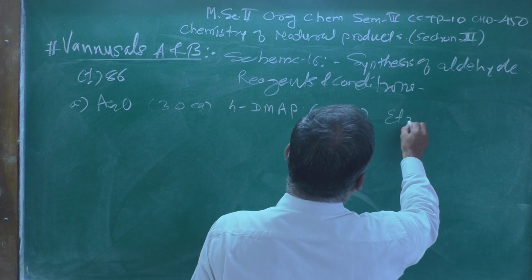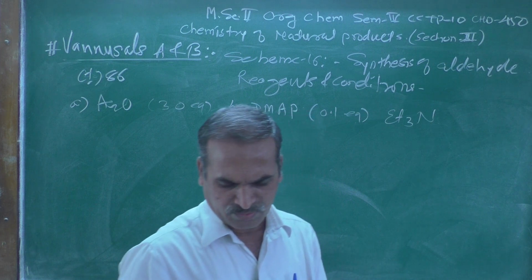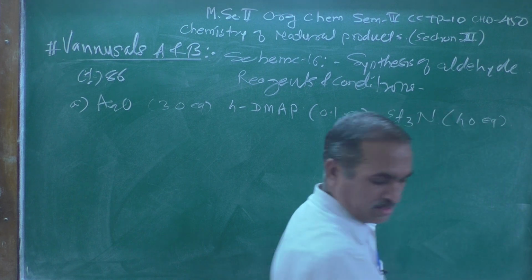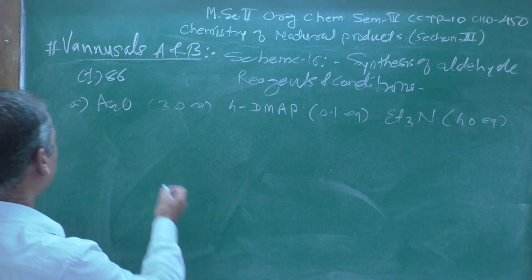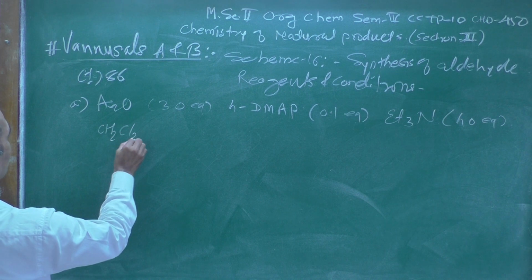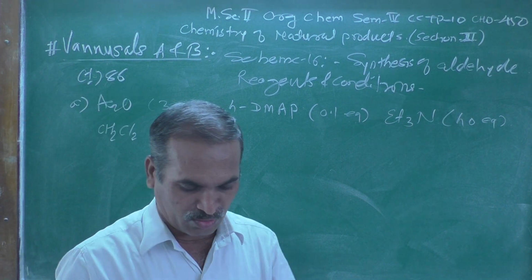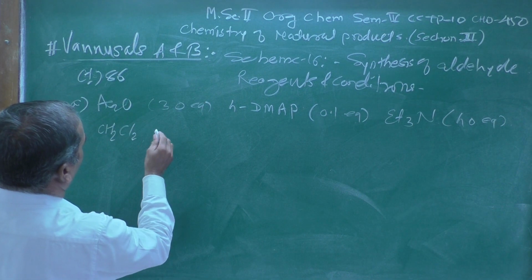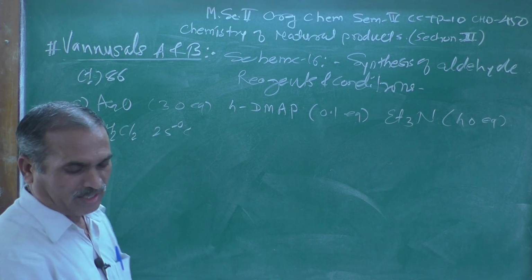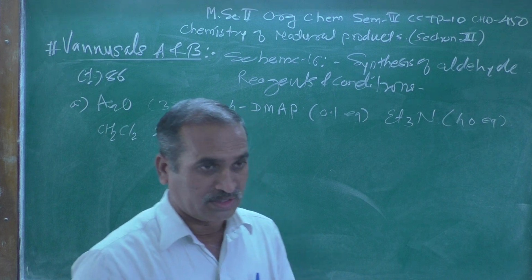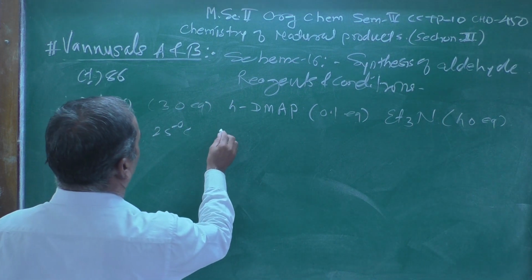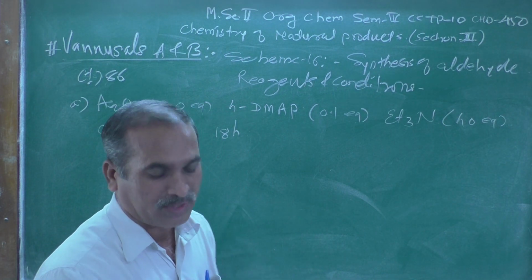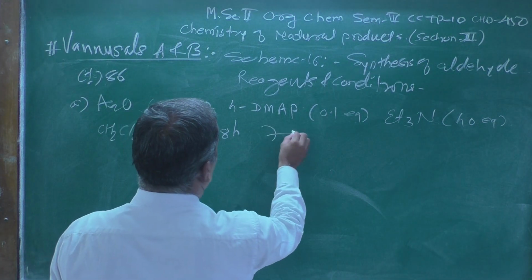tertiary amine Et3N, which was taken at about 40 equivalent, followed by the solvent employed there, CH2Cl2, that is DCM, dichloromethane. The temperature of this reaction was kept at 25 degrees centigrade, the reaction was stirred for 18 hours, and the overall percentage of yield obtained is about 79%.